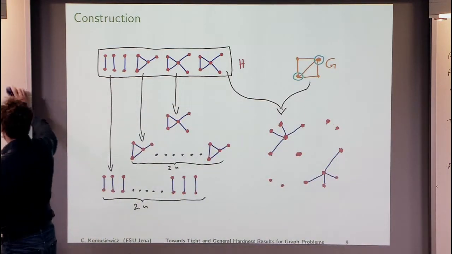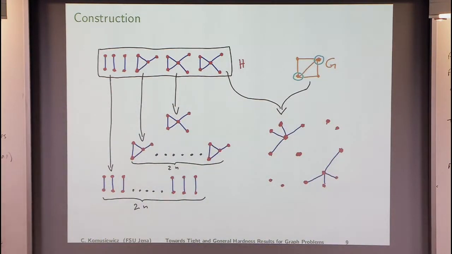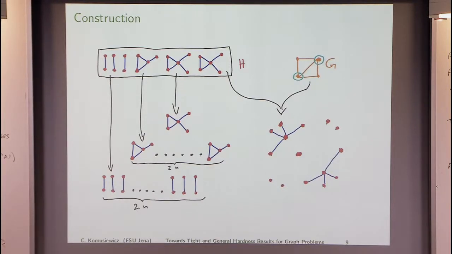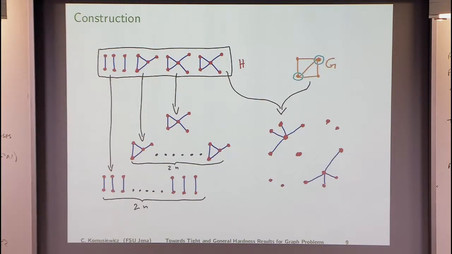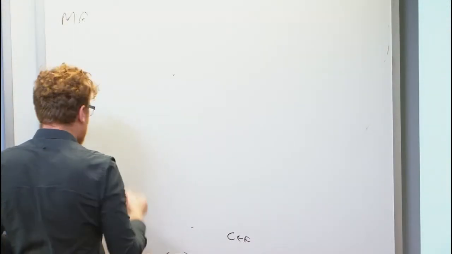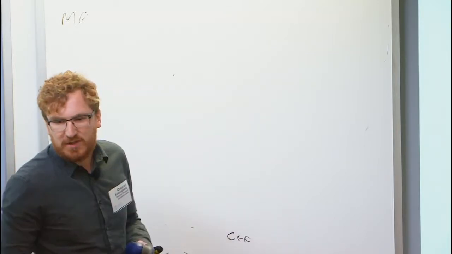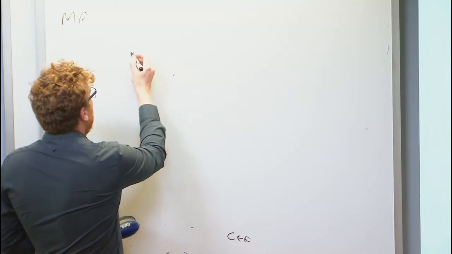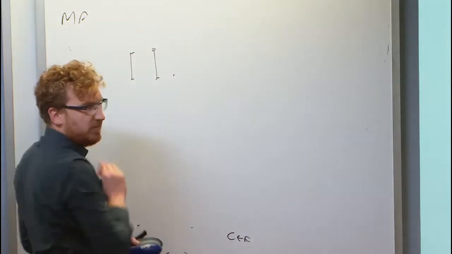For the reverse direction of the proof, let's say my forbidden subgraph is very simple. It's the 2K2.